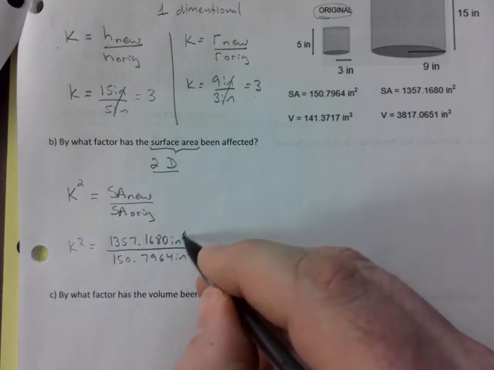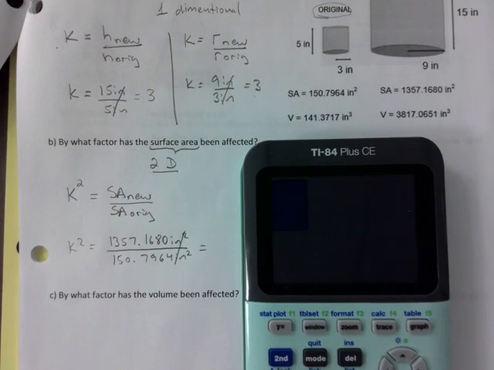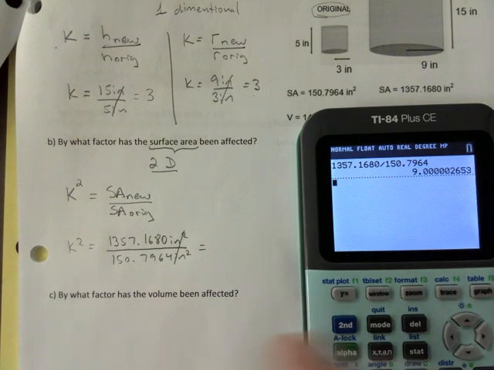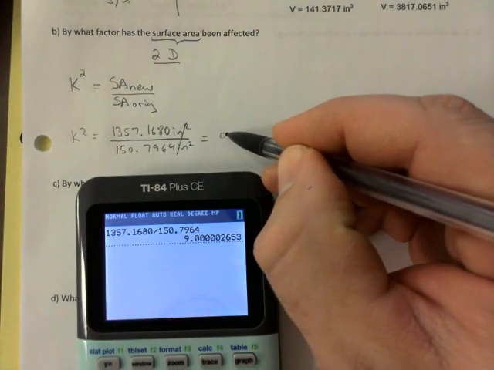So when you cancel those units out, let's figure out what this is when we divide that. I invite you to do the same thing here. If you divide that, you get 9. Sorry, I'm going to make sure you see that. You get 9, right?